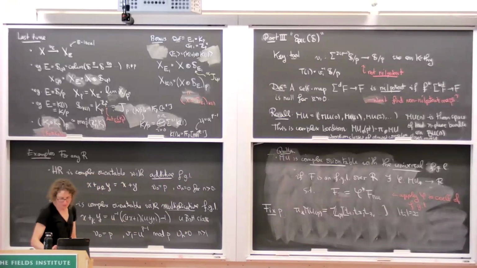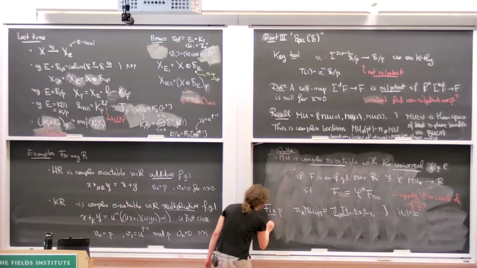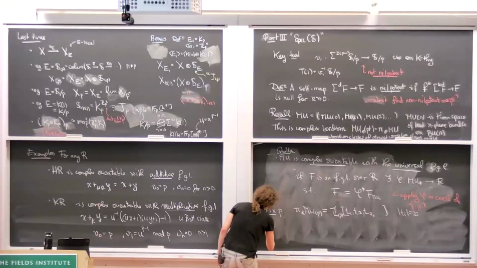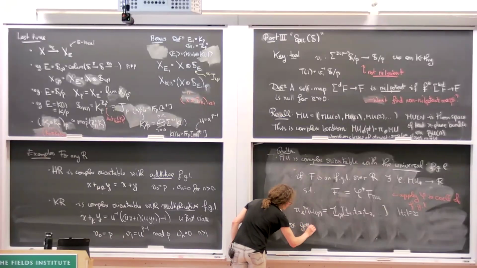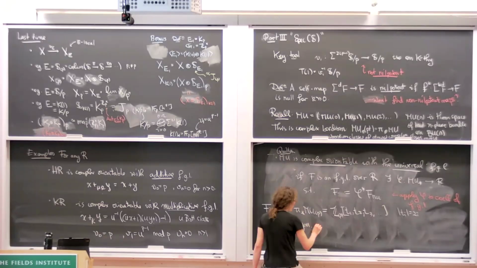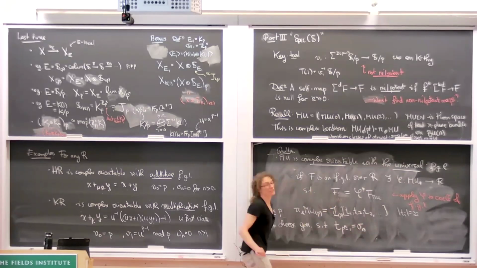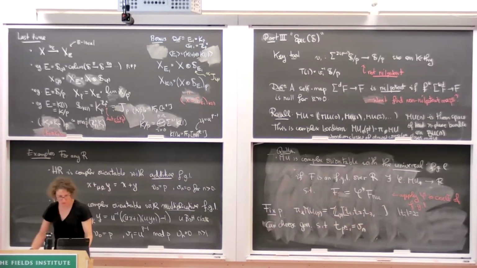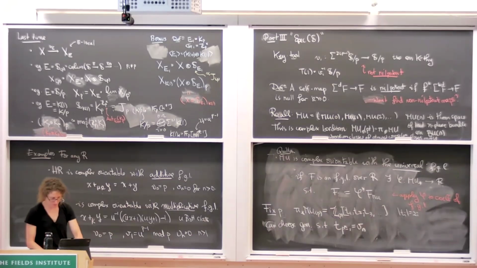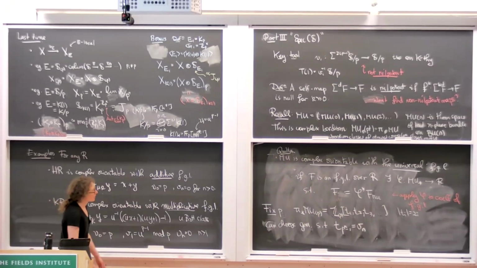Okay, so now we can actually choose generators. It's possible to choose generators in the p-local ring such that t of p to the n minus 1 is v_n.